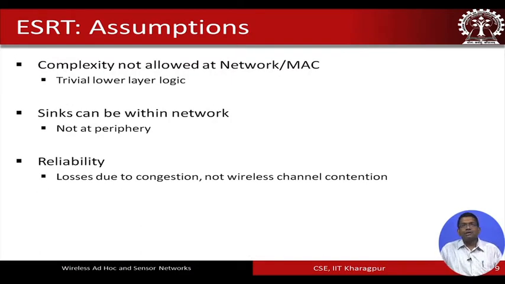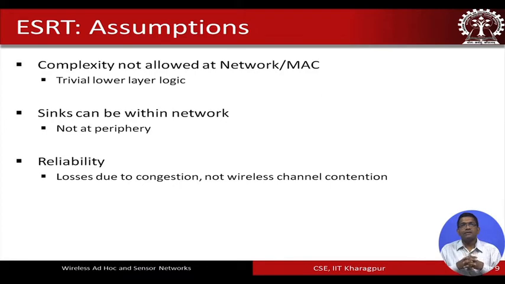Here are a few assumptions that ESRT makes. First, not much complexity is allowed at the network layer or the MAC layer. When we are talking about the transport layer, the bottom layers are the network layer and the MAC layer. So, trivial lower layer logic is implemented.